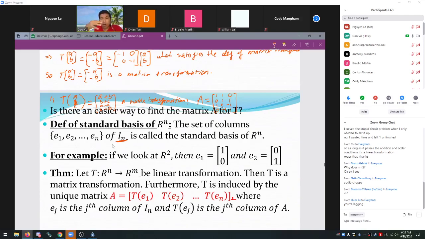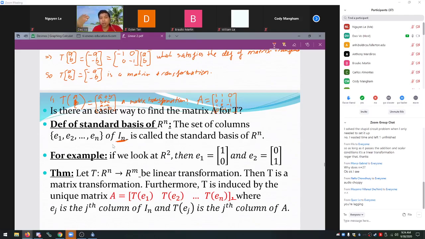So the columns of the identity matrix are called the standard basis of R sub n.